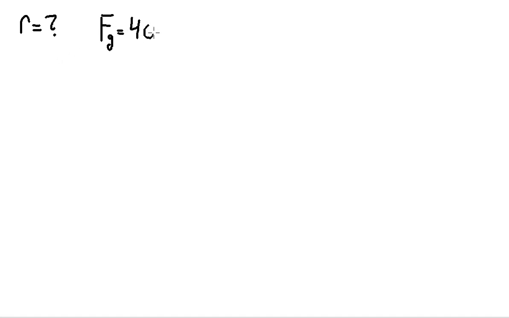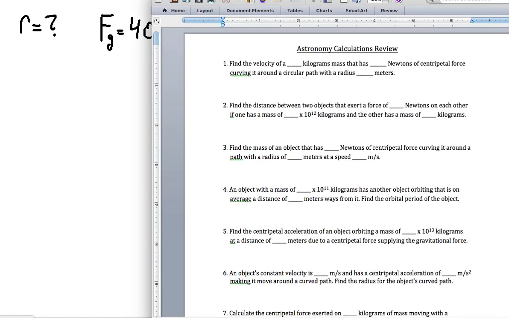So 40 newtons of gravitational force acting on two masses. One of these masses is extremely large, times 10 to the 12 kilograms, so you know that's the one that is at the center, whereas the other one will be orbiting it.